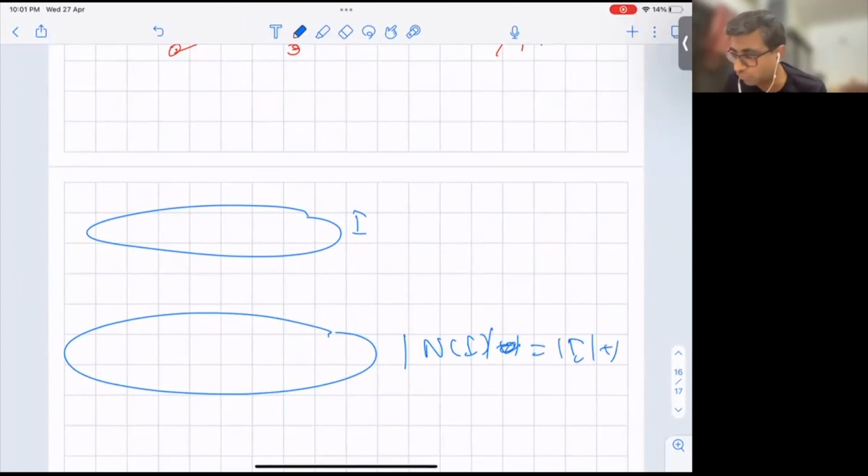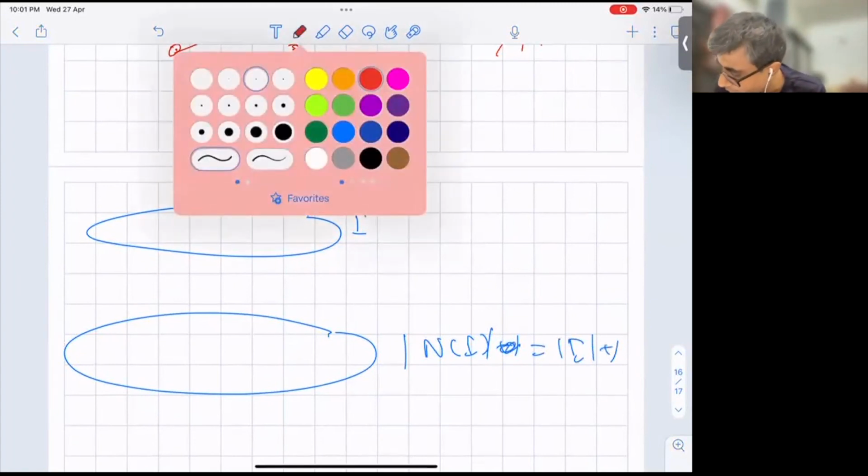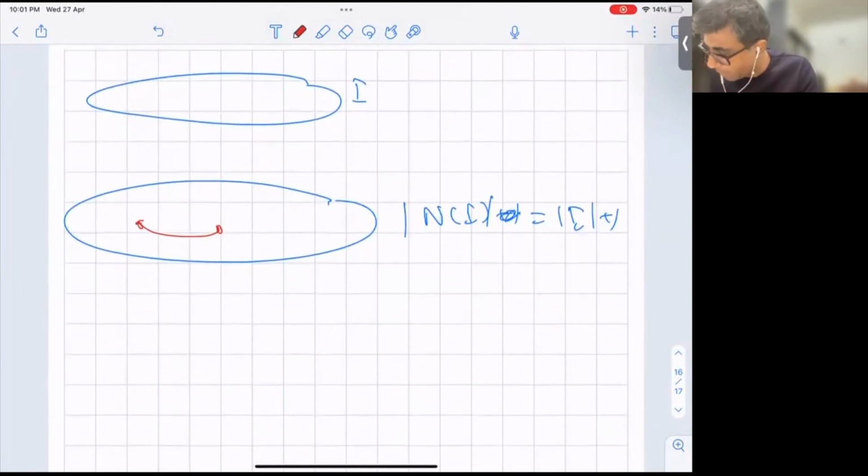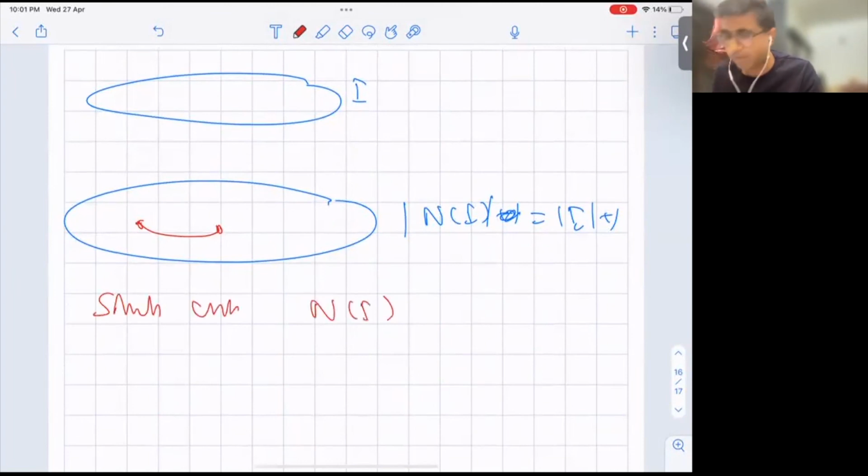Then we will be able to show that if there is an edge here, okay, then there is an optimal solution containing N of I. Okay, this is the point. Do you see why?